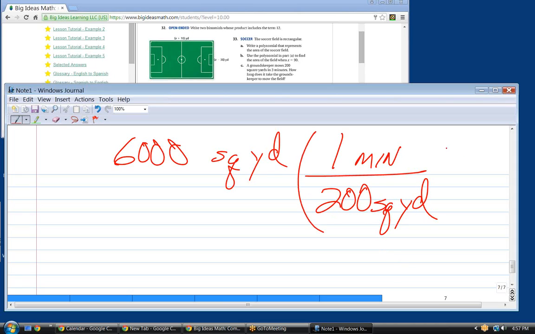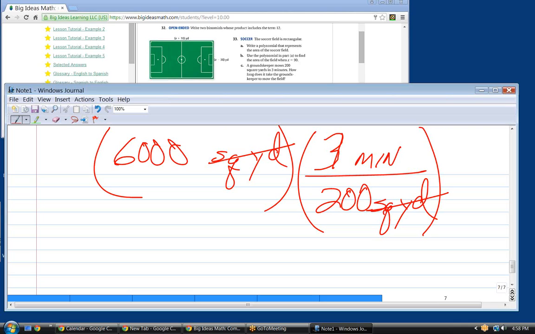Now I know I have to multiply by that conversion factor because the square yards will disappear and I'll end up with minutes. Now in this problem he can do 200 square yards in 3 minutes, so the conversion factor is 3 minutes per 200 square yards. The key is to always get these conversion factors correct in the numerator and the denominator.